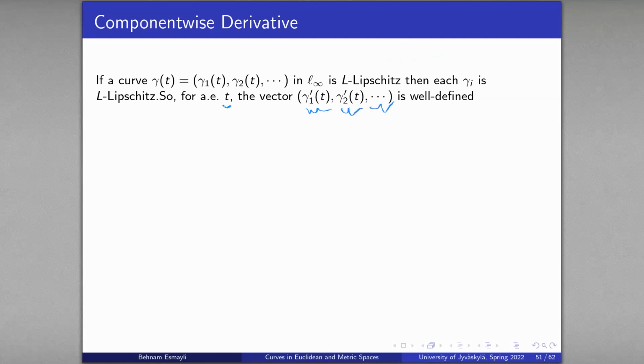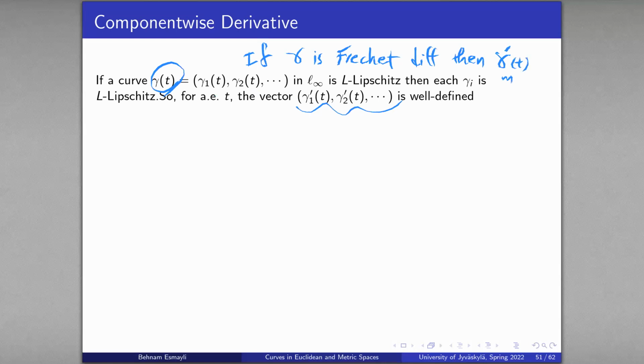So for almost every t you can formulate this vector. And as we saw before, if gamma is going to have a Fréchet derivative, this is the only candidate. So if gamma is Fréchet differentiable, then gamma'(t) must be this vector here.